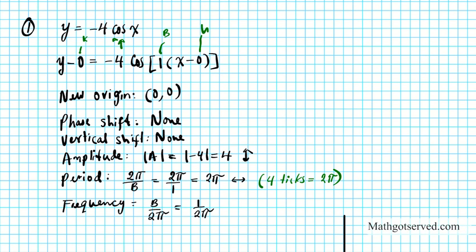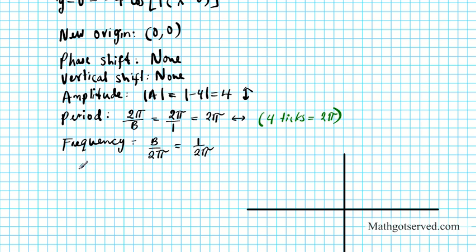Let's graph this function on the interval from -pi over 2 all the way to pi. Let's place this constraint on our domain as opposed to the whole thing.